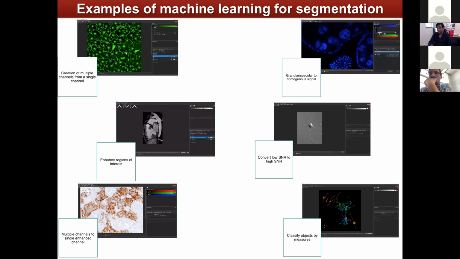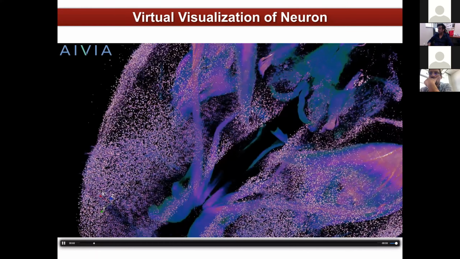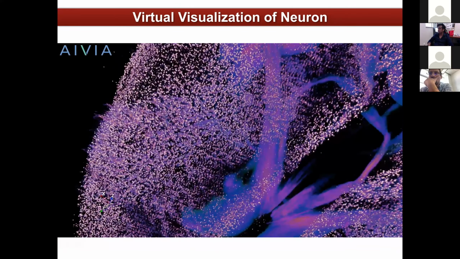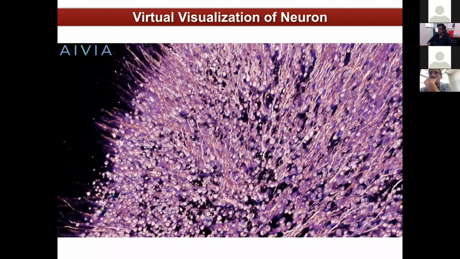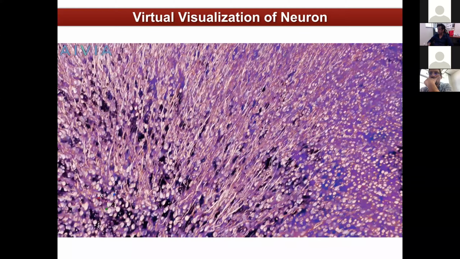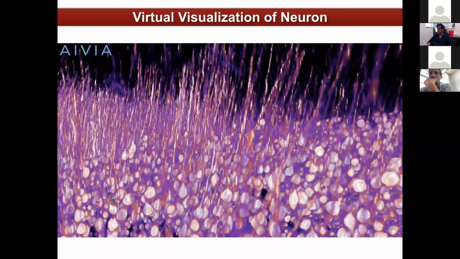Just to give you an idea how difficult a segmentation can be and how useful the software will be, here is a volume that has been segmented. Just imagine if you had to do this manually. That is beyond imagination; someone would have to sit for hours and hours, I do not know, hours or months or years, to do this.